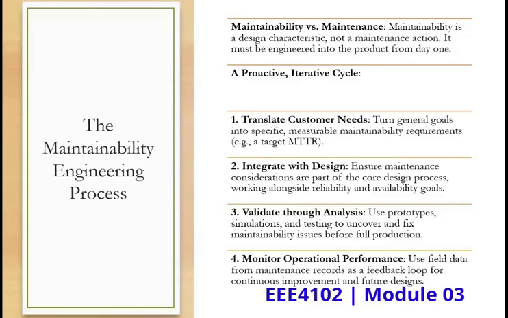Then three, you need to validate through analysis and testing, whereby you can use prototypes, simulations, and testing to uncover and fix maintainability issues before full production. So basically, we don't wait until the product is sold. We build prototypes and use testing, computer simulations, and analysis to validate the design choices.